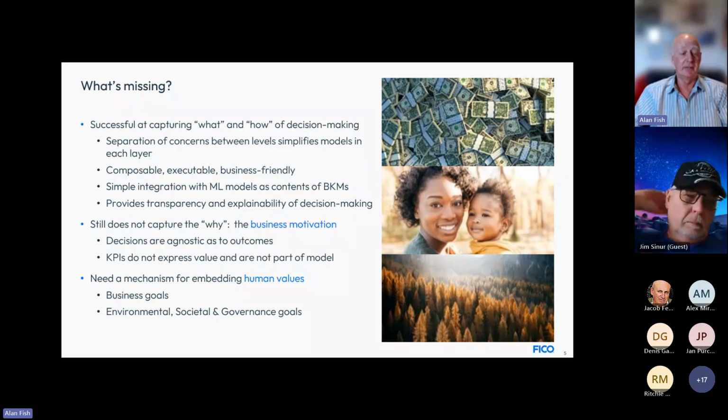We'll also have, over the next couple of decades, I think, a rapidly increasing focus on environmental, societal and governance goals. I think companies are going to be required to demonstrate that they are addressing these things in their solutions. So I'm looking for a way to express human values that drive the specification of our models in the models themselves.